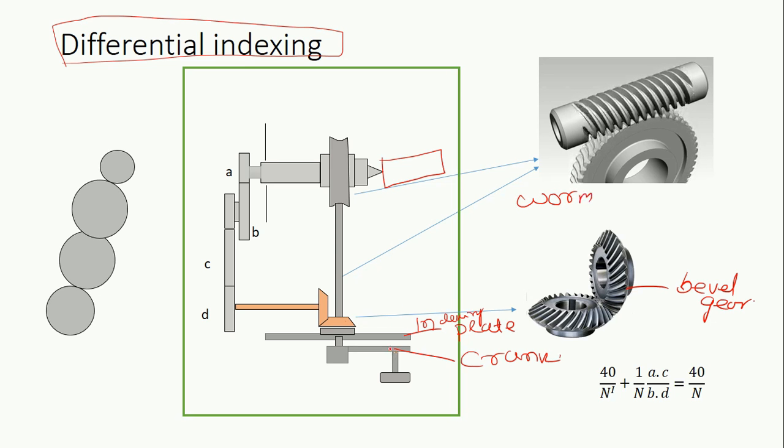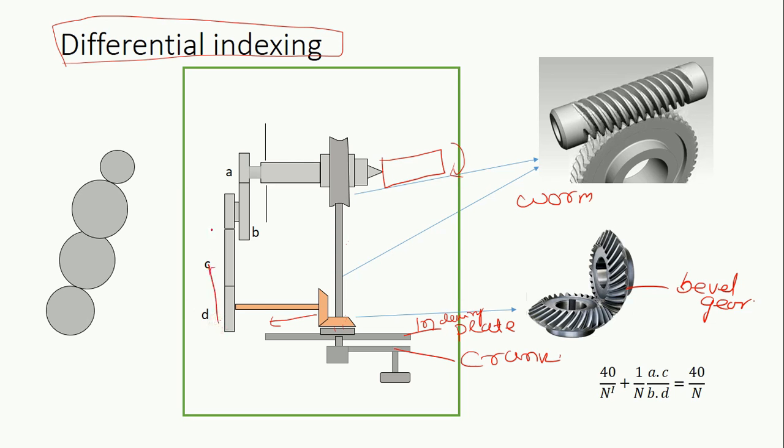So when we rotate the crank, as this crank is fitted with this bevel gear, it will also rotate the worm gear, and the worm and worm gear will be rotated, and your workpiece is also going to be rotated. But in the meantime, through the bevel gear, power is also transmitted to this gear ABCD.